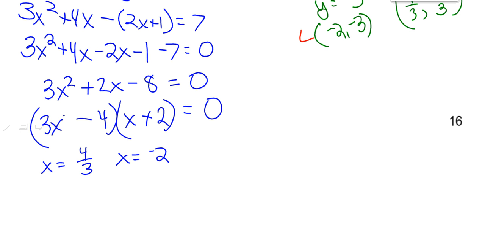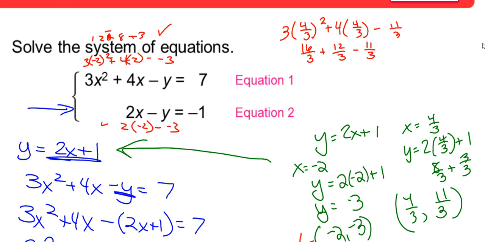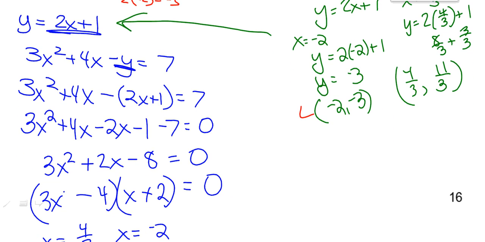Okay. So, yeah, these are the factors. And this is x equals negative 2. And negative 2 did work for us, but I must have something wrong in my 4/3.